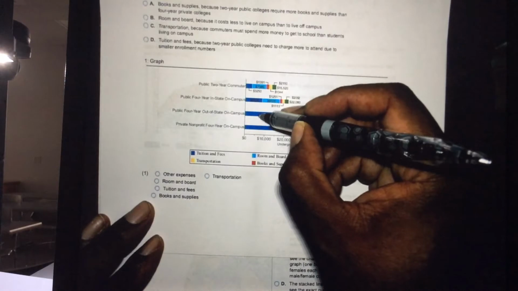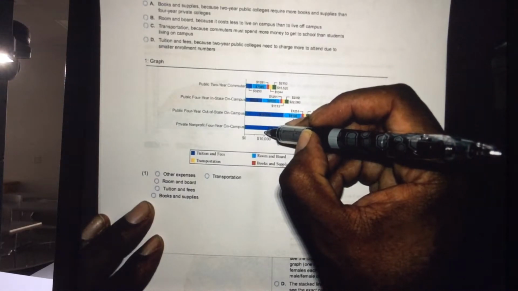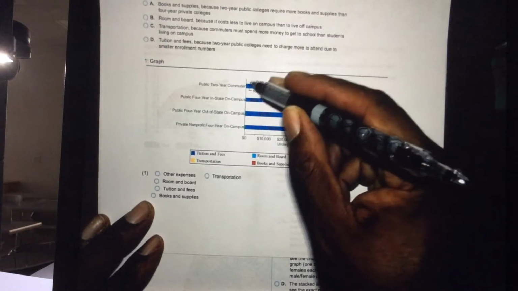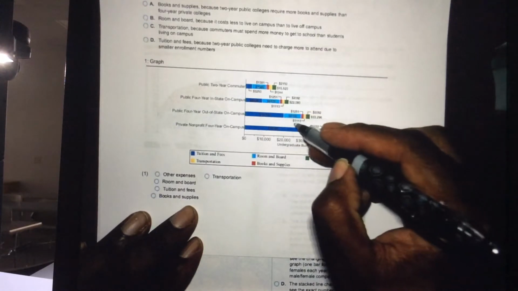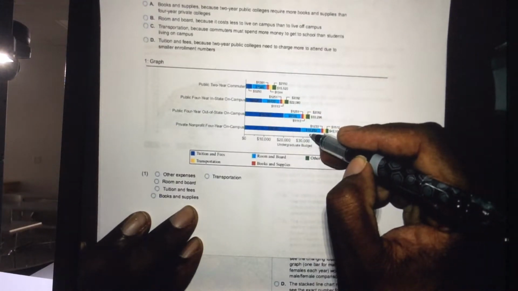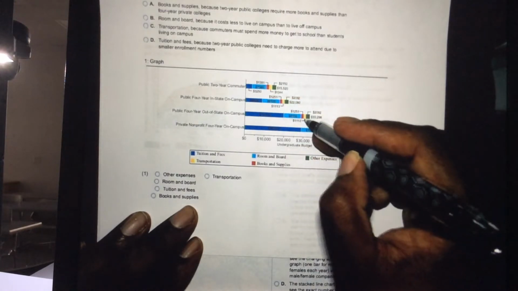That's this dark blue box right here, because there is a large variation between all of those institutions here. And also we can eliminate this light blue right here, the room and board, because that definitely will vary.